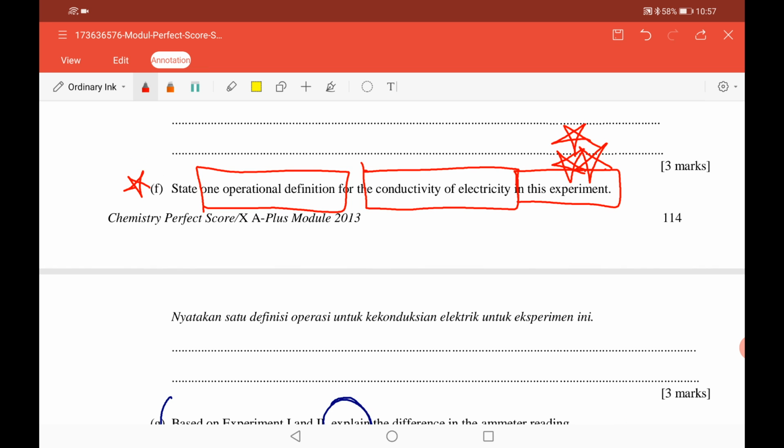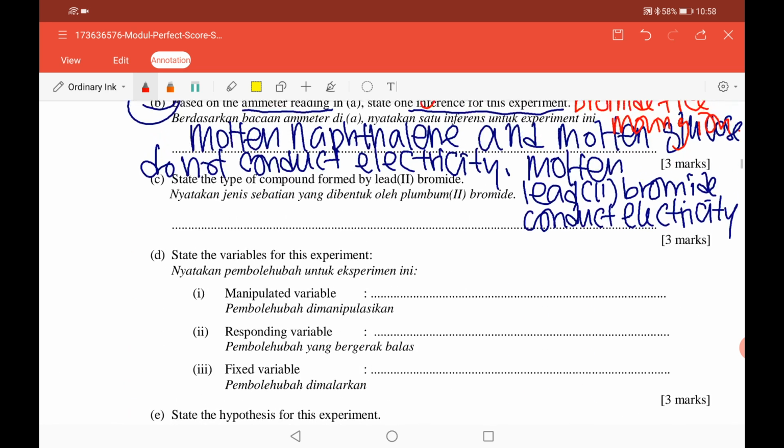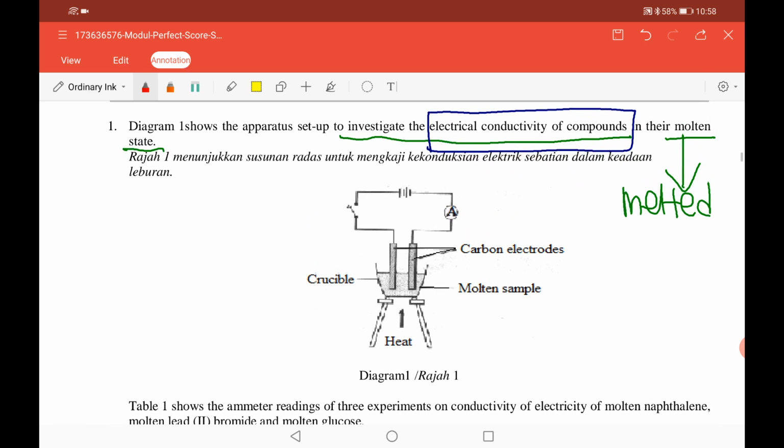So what we want is conductivity of electricity. Okay, so focus on two things. Tell people what you need to do and what you are getting. We want to conduct electricity. So how to conduct electricity? Look back at the diagram they give you. They put carbon electrodes into a molten sample.